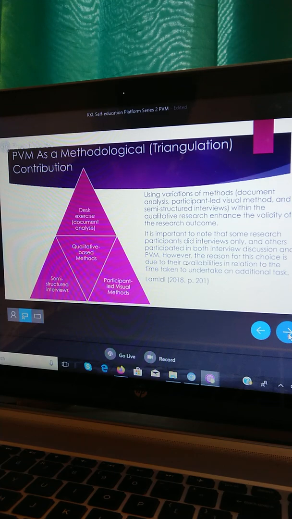And for those who have taken part in both the semi-structured interview and the diagram or drawing activity, you will be able to validate your research outcome. You will be able to support and enhance the validity of your research. It is important, once again, to acknowledge that not all your participants will definitely agree to take part in the drawing task.